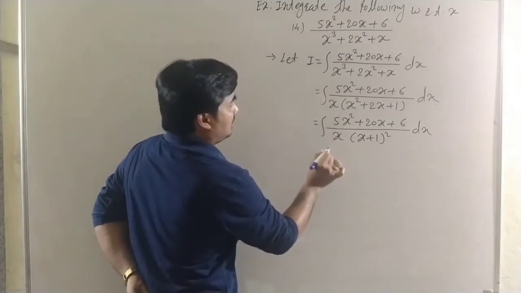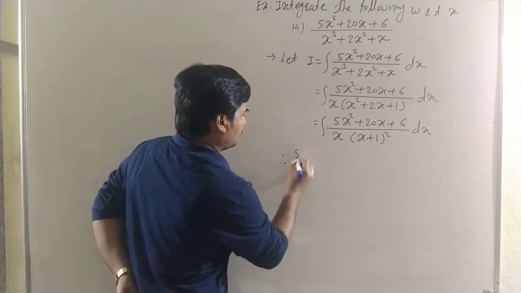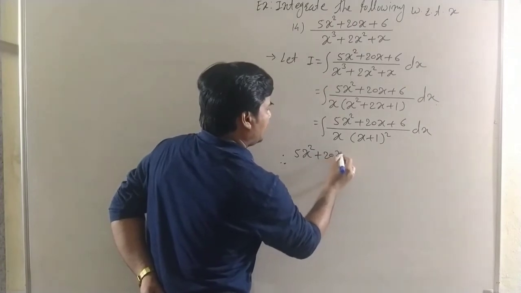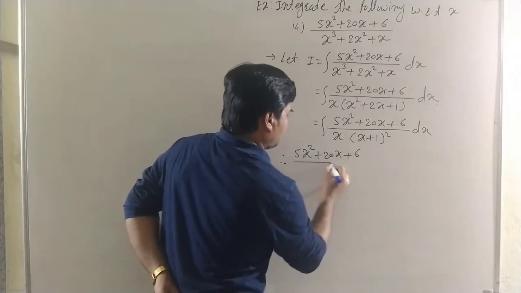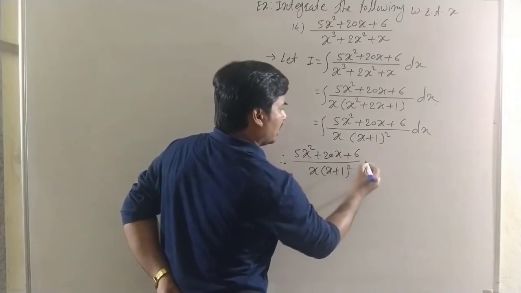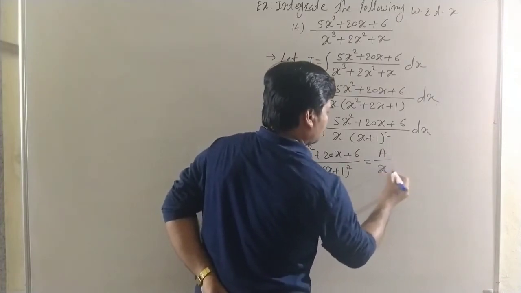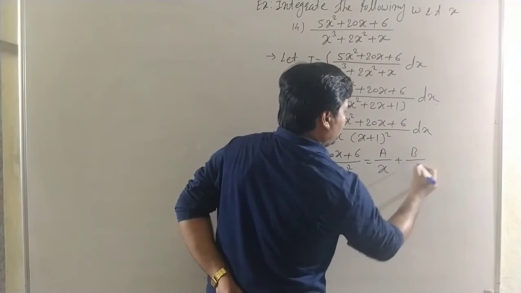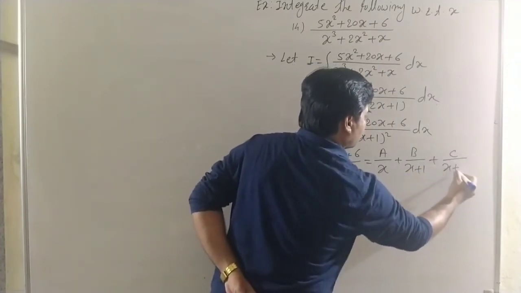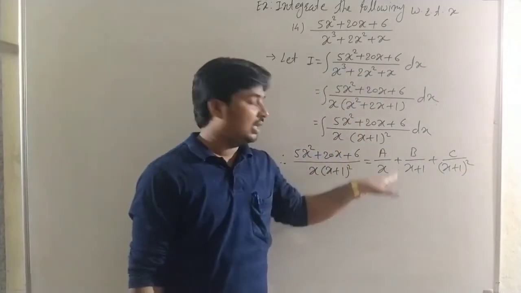Now this rational function is converted into partial fractions, therefore we can write (5x² + 20x + 6) upon x(x + 1)² equals A upon x plus B upon x + 1, and since x + 1 is repeated, plus C upon (x + 1)². Now again the procedure for finding A, B, C.